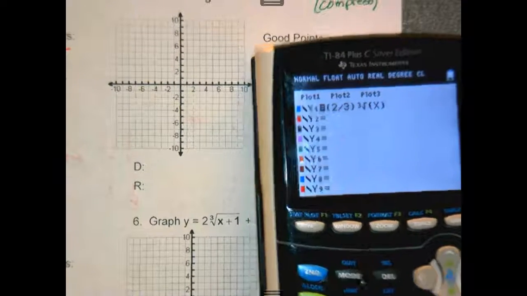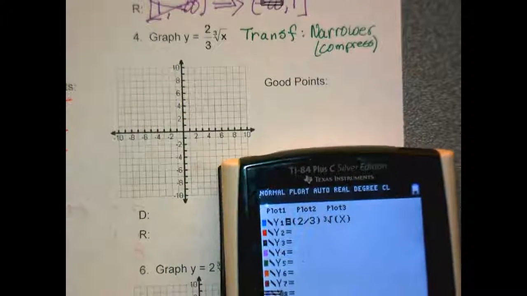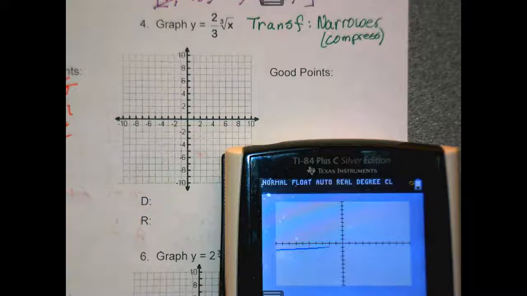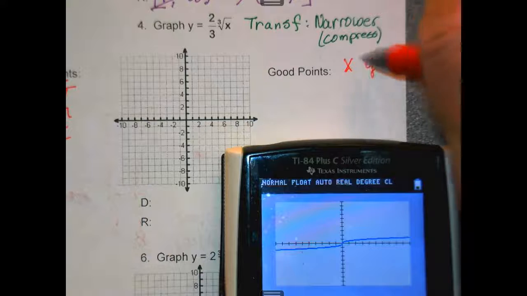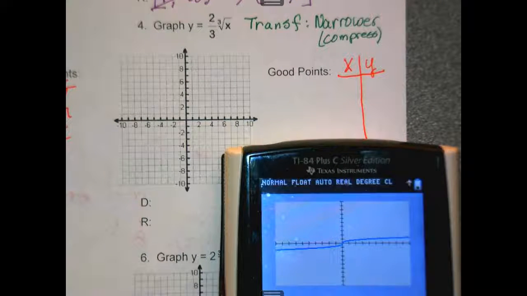Okay, ready? A graph. These are, like I said, going to be a little tougher. We're going to need 5 points for this, for the cube root. All right, let's get to our table.